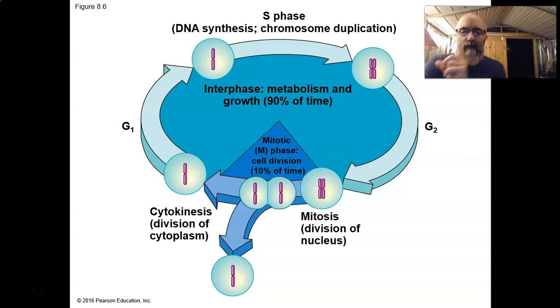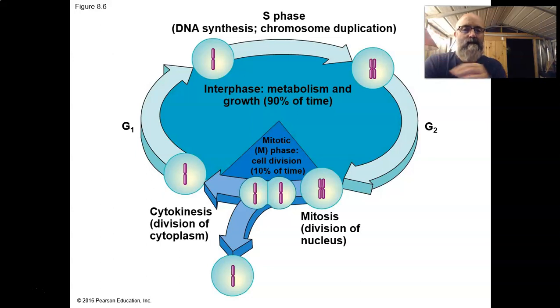So cells have to grow before they divide. They have to multiply their organelles. They have to basically double the number of organelles found in the cell. And they also need to make sure to make a copy of the nuclear material, the genetic material, make a copy of the DNA, a very error-free, faithful copy of the DNA.